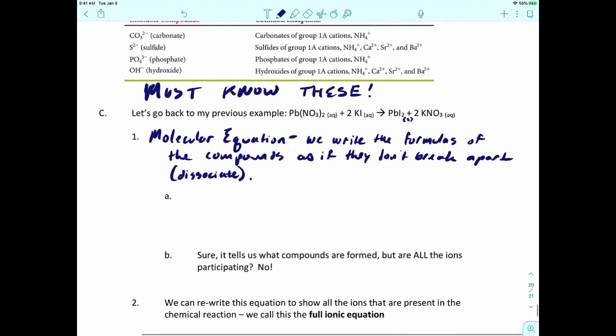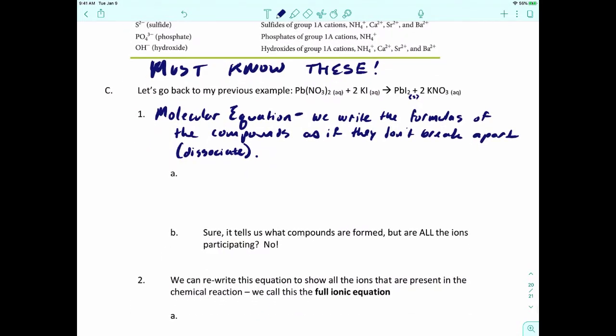Okay, now molecular equations are awesome because they tell us exactly what compounds to use, but they don't describe what's going on at the atomic level.